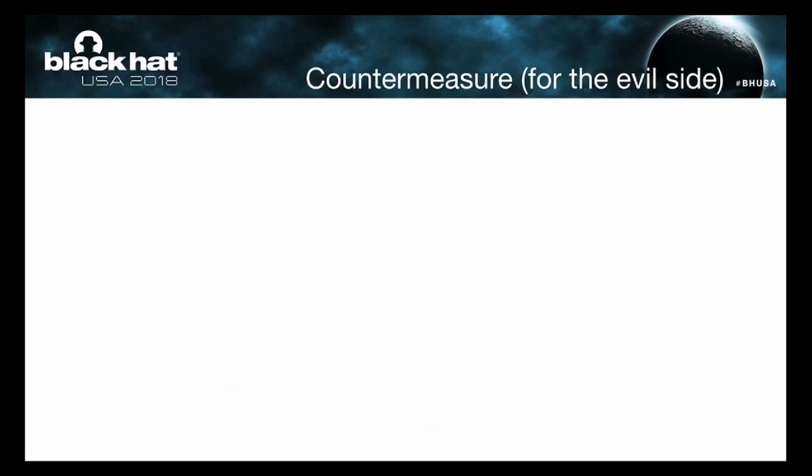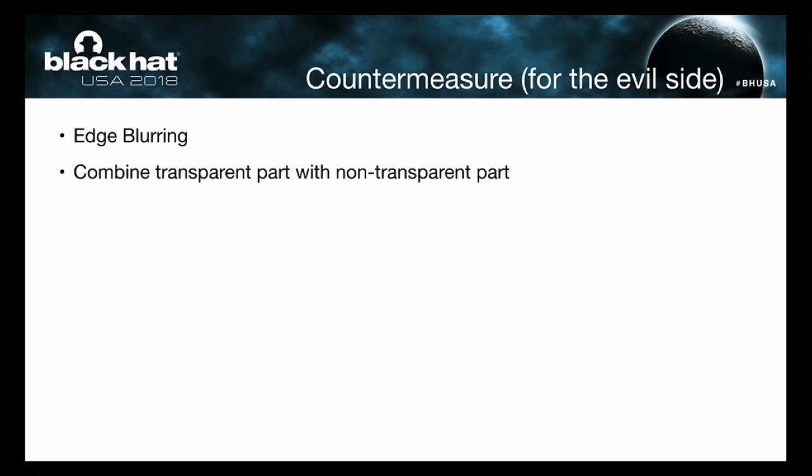So for the evil side, I mean the sites that want to add ugly watermarks, there are some countermeasures too. The first one is to add some blurring edge and combine a transparent part with a non-transparent part, to make the user think this logo is transparent, but actually it has some opaque part.